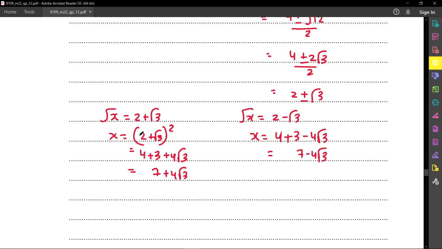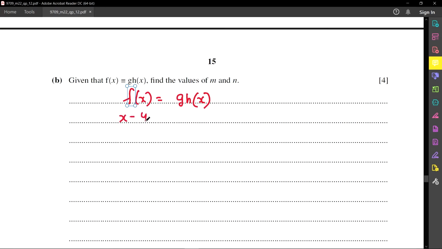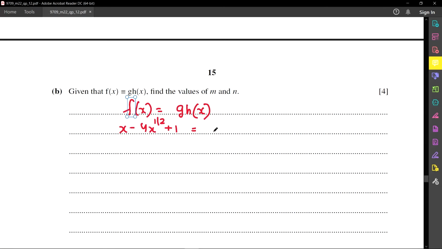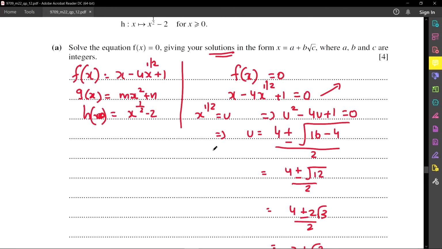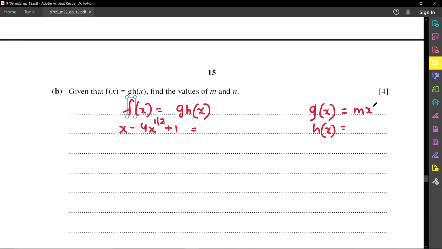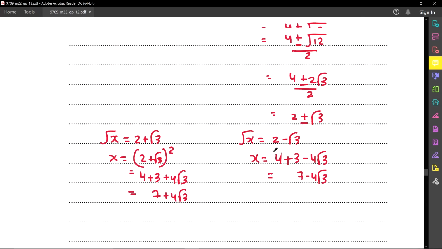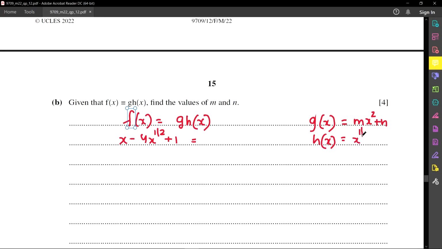So what is f of x? f of x is x minus 4x power half plus 1, and g is mx square plus n, and h is x power half minus 2.